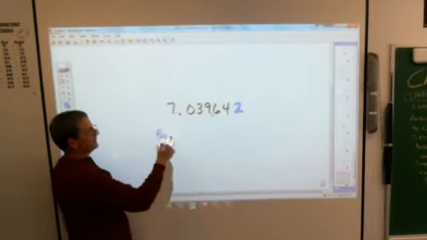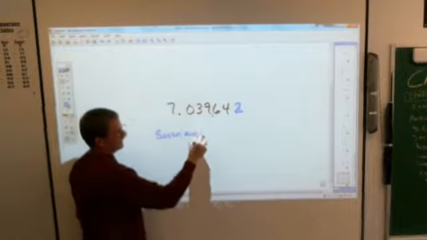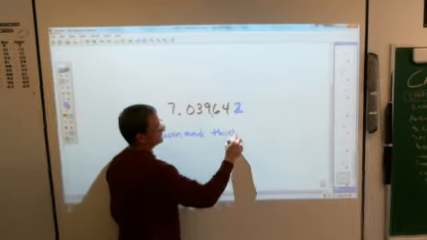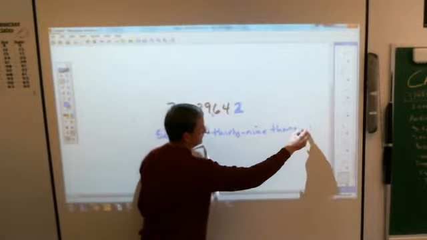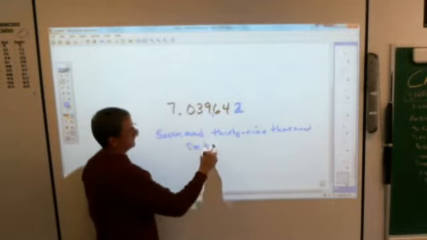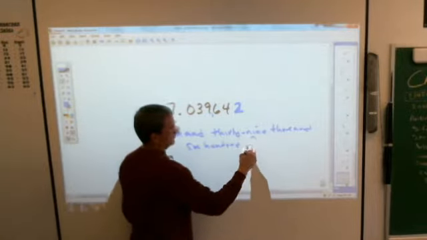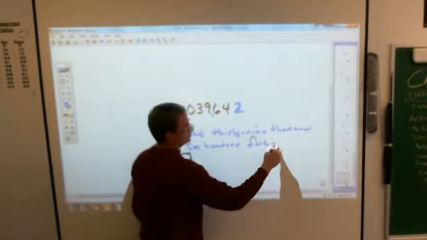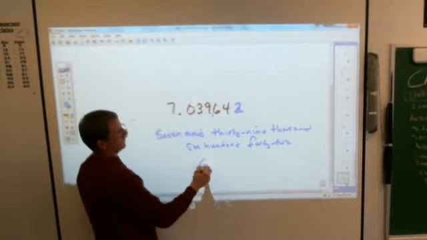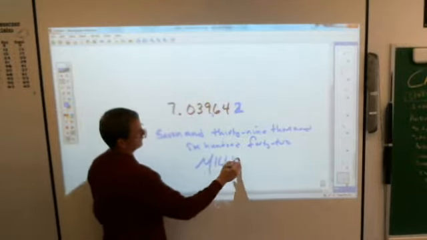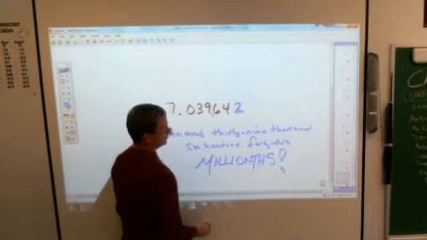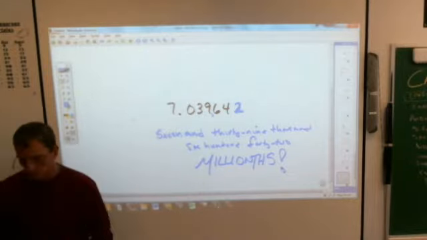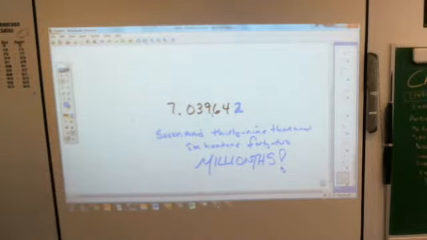So this would be 7 and 39,642 millionths. Exclamation point. It's such a fantastic number. Any issues or problems with that?